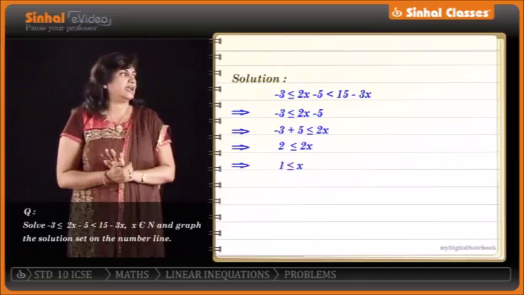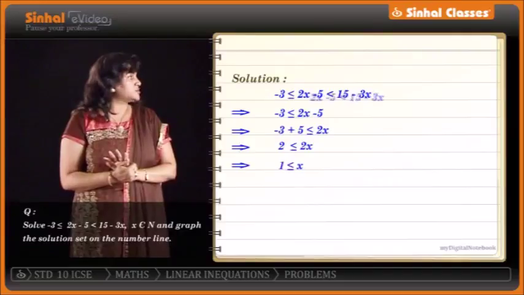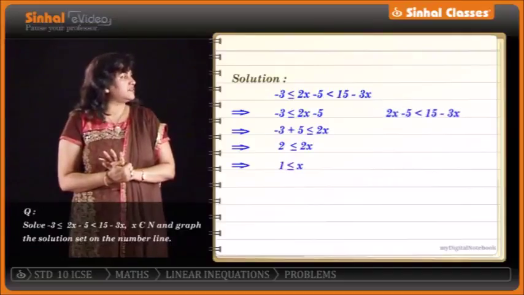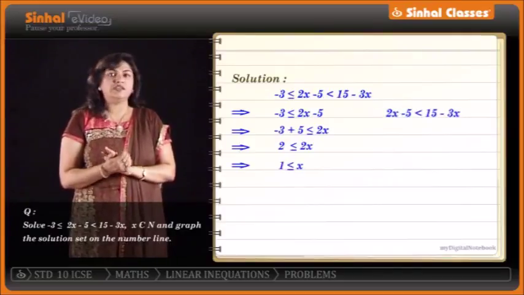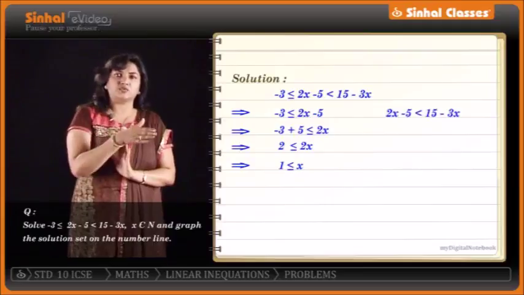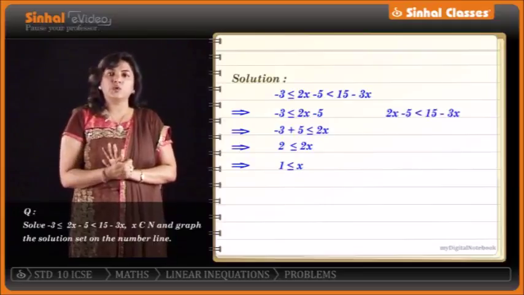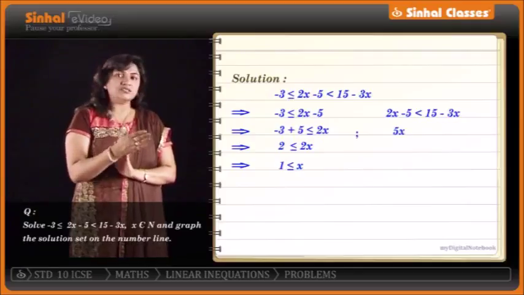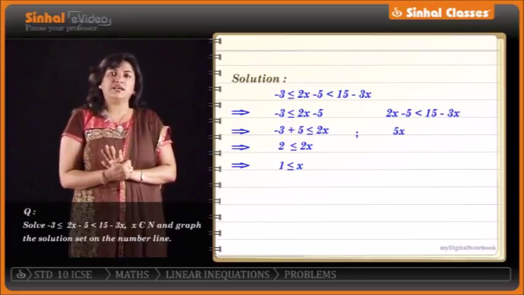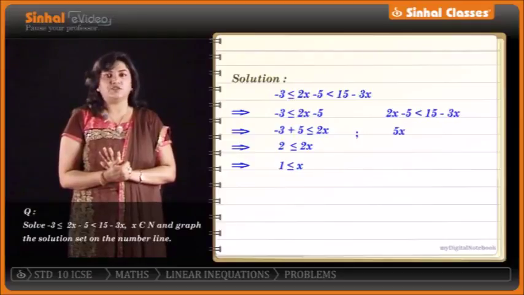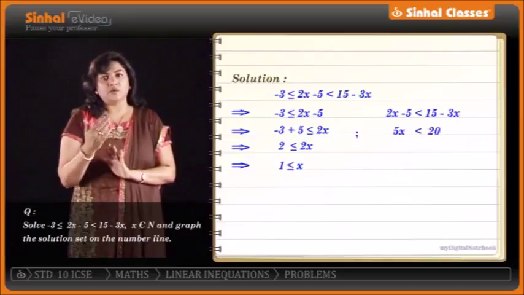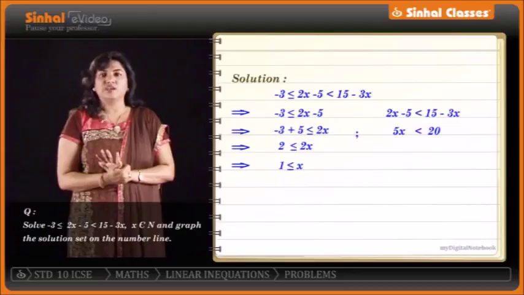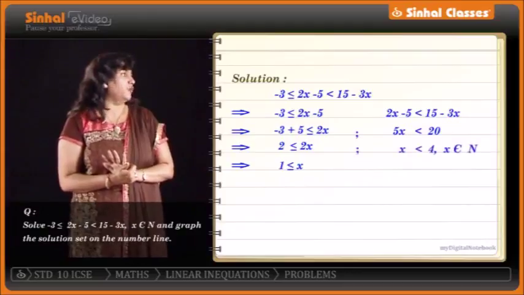Now take the second inequation, 2x minus 5 less than 15 minus 3x. We take minus 3x to the left. We get 2x plus 3x, 5x, and take minus 5 to the right, we get 15 plus 5, 20. Now divide both the sides by 5, we get x less than 4.